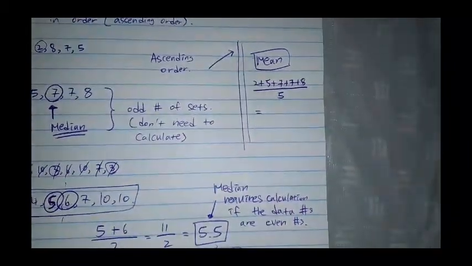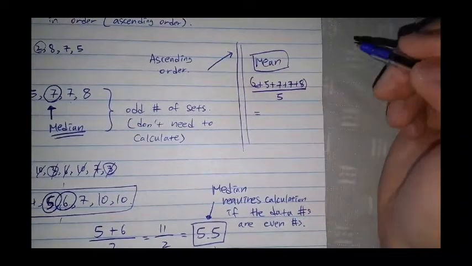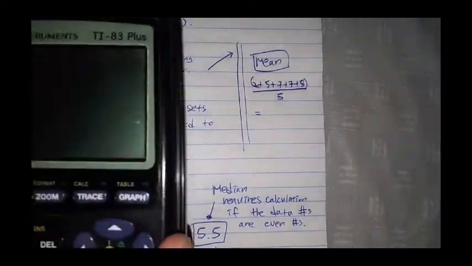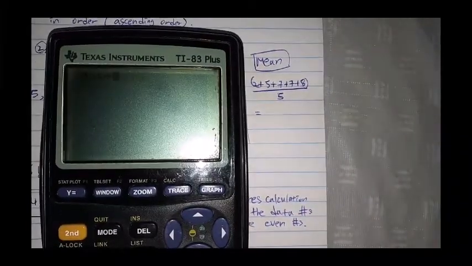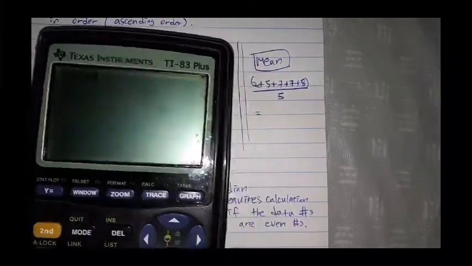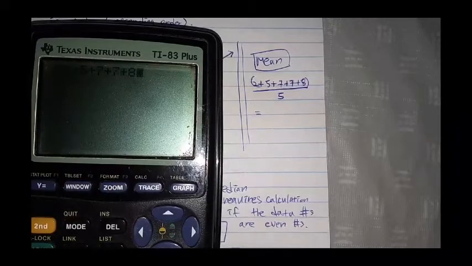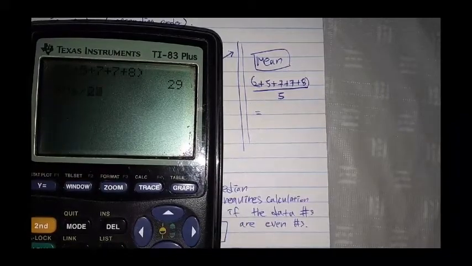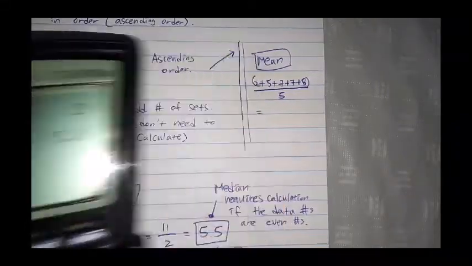So eventually you're going to divide it by 5. You have to have a bracket. And let's punch those numbers in. That's 2 plus 5 plus 7 plus 7 plus 8 divided by 5, which gives you 5.8.